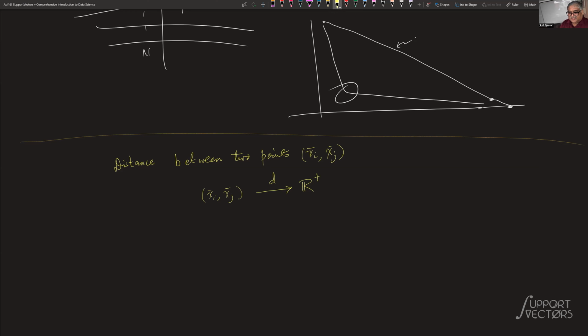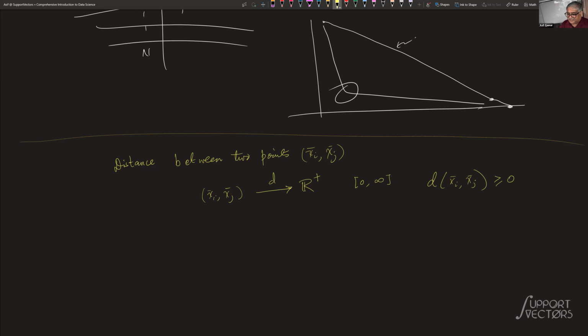In other words, distance can be 0 to infinity. Distance can never be negative. So that is the first aspect of a distance. Distance between 2 points, Xi and Xj, must be greater than or equal to 0.